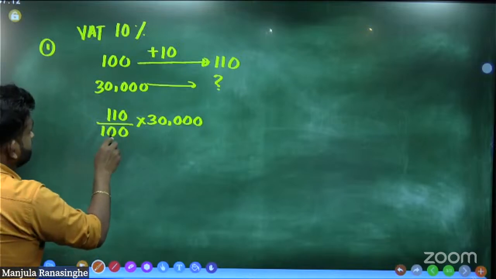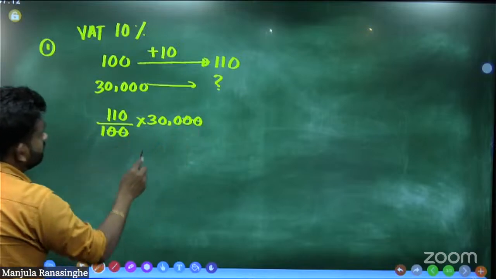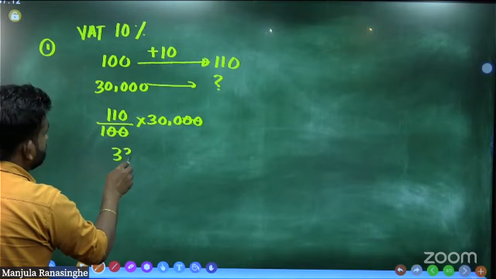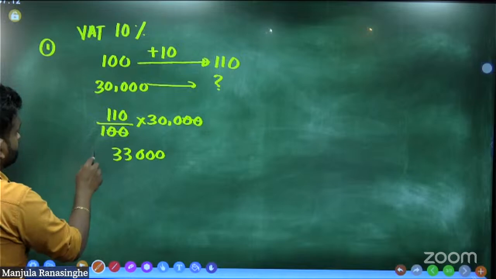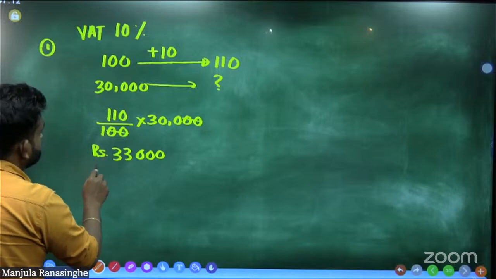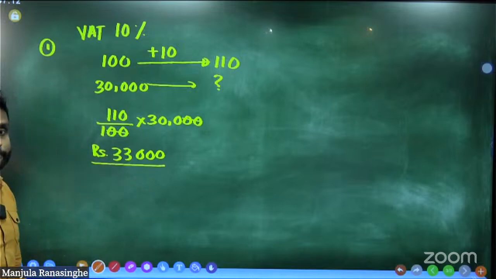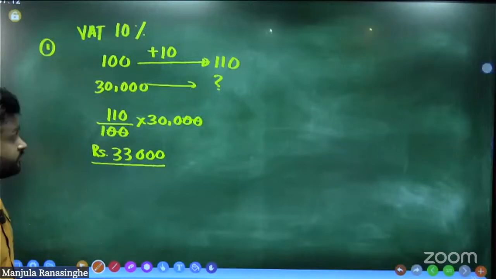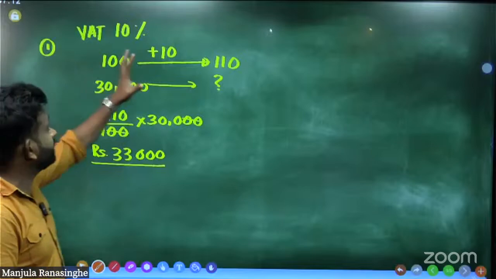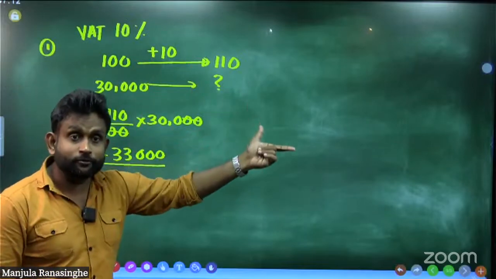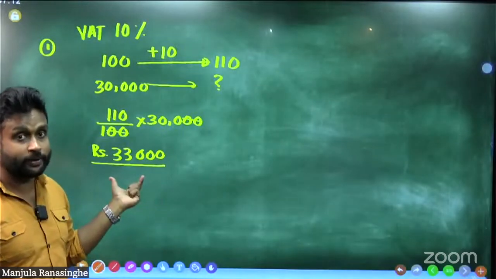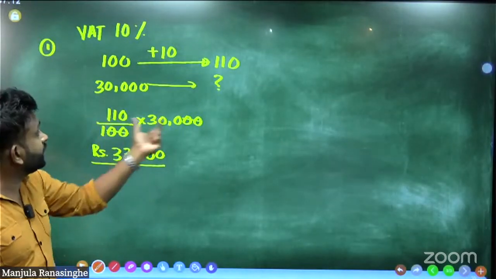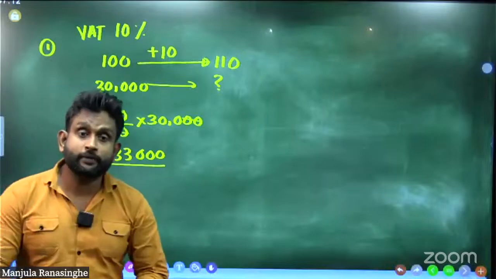You can simplify, these two zeros cancelled, then multiply here 33 and 3 zeros being added. Then that gives you rupees 33,000. So that is the first question. The normal method is to calculate the VAT, 10% of 30,000, and then the initial price plus that VAT is the inclusive price. But here, in one shot, you can directly move to the with-VAT price.